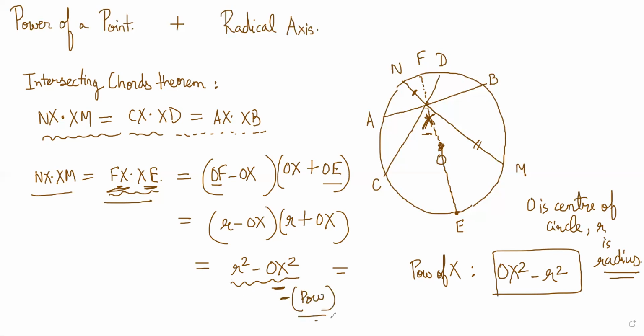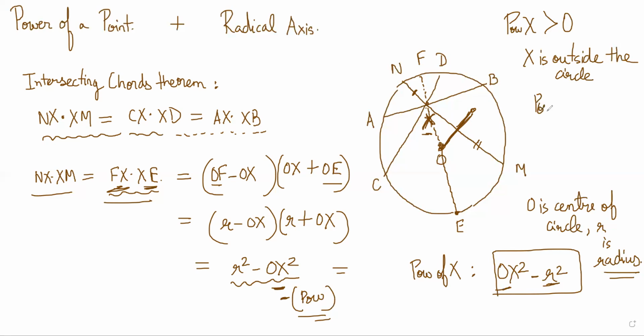Generally, if the point X is inside the circle, the power will be negative because the radius will be bigger than this. So if the point is here, this distance OX is smaller than the radius, therefore it comes out negative. If the power of a point X is greater than 0, then X is outside the circle.